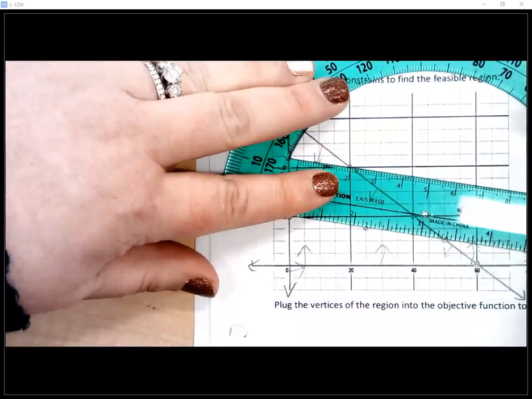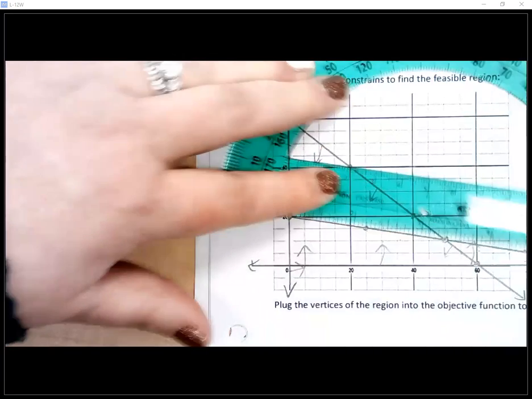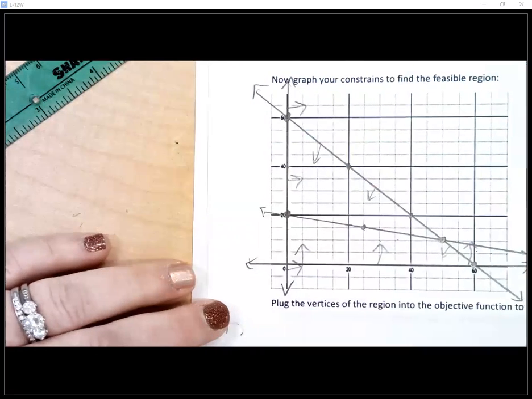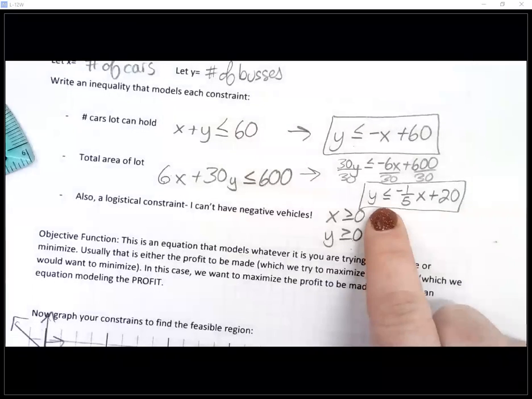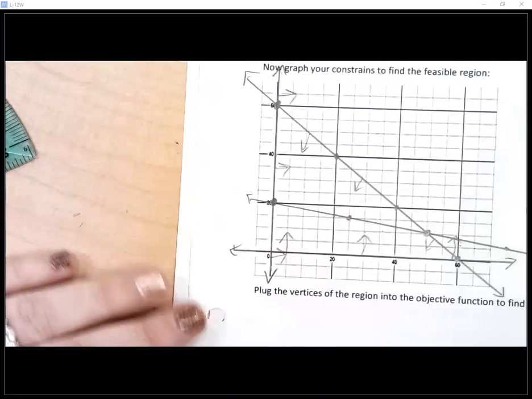Okay, draw that line. So for this line that I just drew, I have to ask myself, where am I shading, above or below? So I go back here, right there. And this tells me I'm going to shade below because y is less than. So I want to be below that line that I just drew.